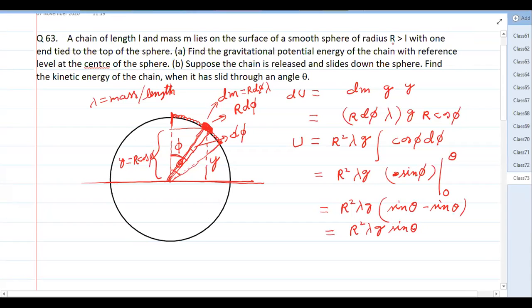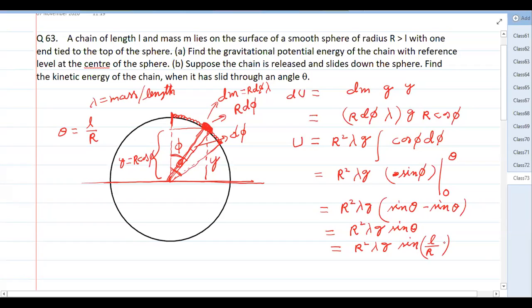We are not provided theta, we are provided the length. So the length is L. The maximum angle theta we can write as L by r, in radian unit. So we can write r square lambda g sin of L by r.